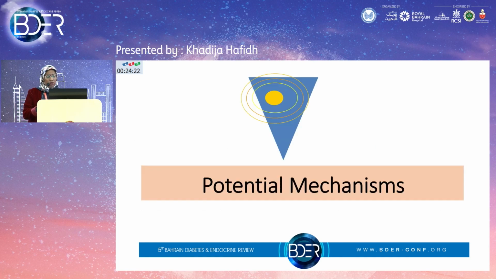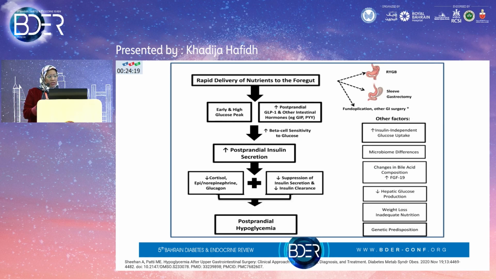So then what are the potential mechanisms? Here is a nice illustration by Patti and colleagues that looks at the plausible mechanisms. One, we do know that there's a rapid delivery of nutrients to the foregut, and this causes an increase in postprandial GLP-1 levels and other intestinal hormones such as GIP and PYY. That increases the beta cell sensitivity to glucose, and therefore causes higher insulin secretion, and so you may get hypoglycemia.